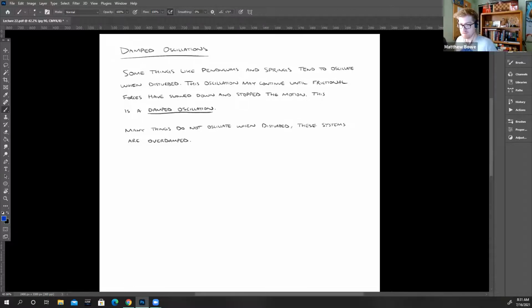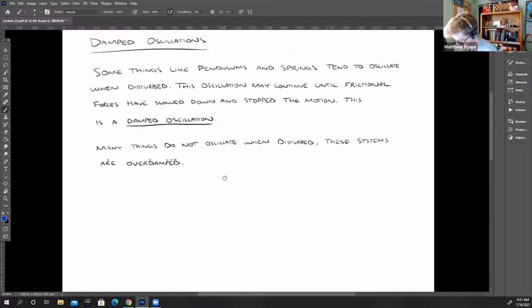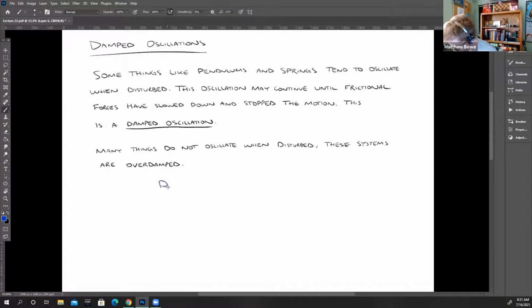So we have this damping force. That is, I'll just say F sub D is equal to minus B V. V is the velocity of the wave or the oscillation.